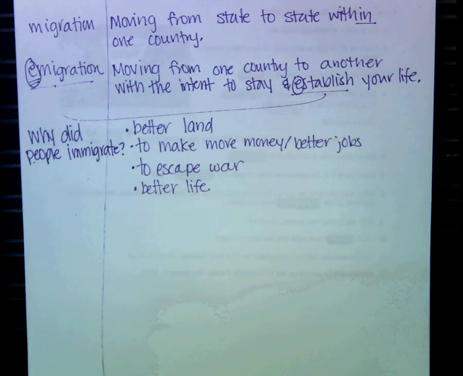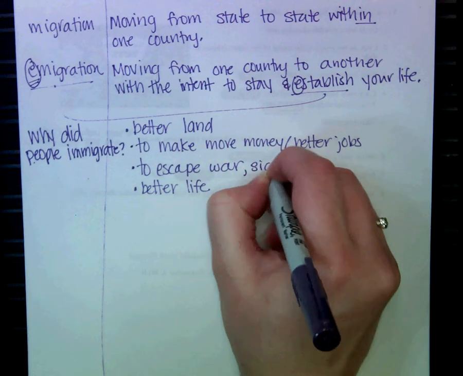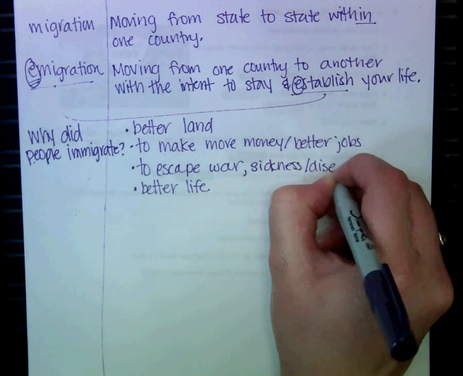Why else? Why did the Norwegians and the Swedes and the Swiss and the Irish and all those people, why did they leave? Sicknesses, okay. To escape war, I'm going to put commas, sickness, disease.